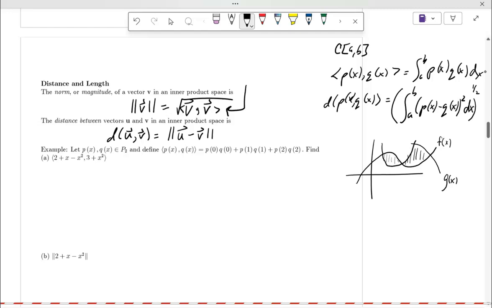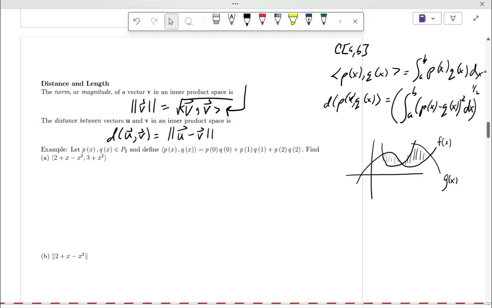If you've done any statistics at all, there's a least squares idea. This is a least squares idea that we'll talk about later, either later this week or early next week. But this is why we care, by the way. Well, that's why some people care. You personally may not care, but that's why people care about this. It's important for doing approximations.